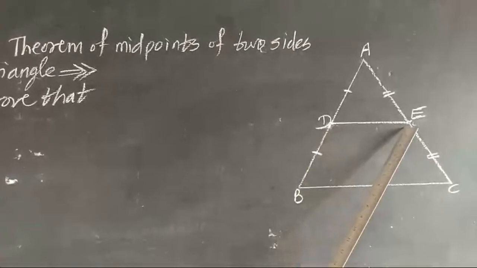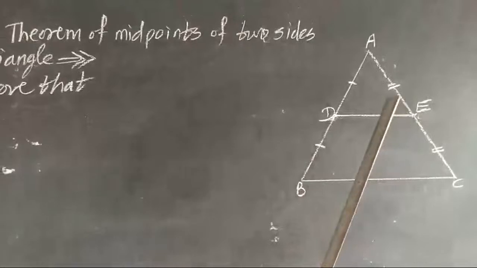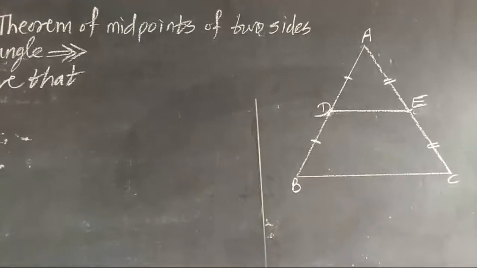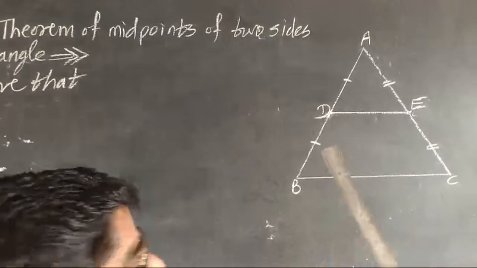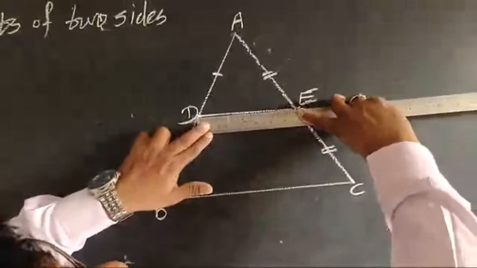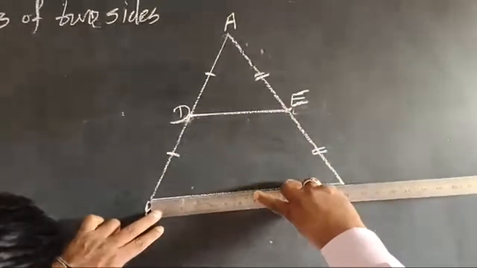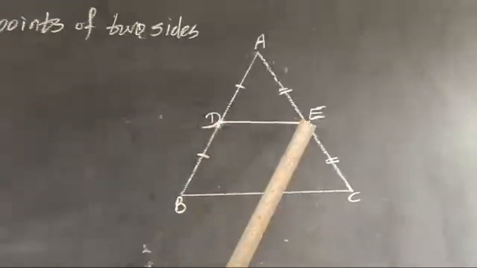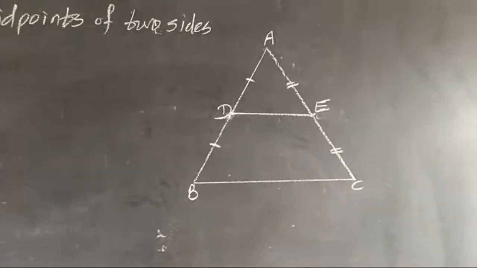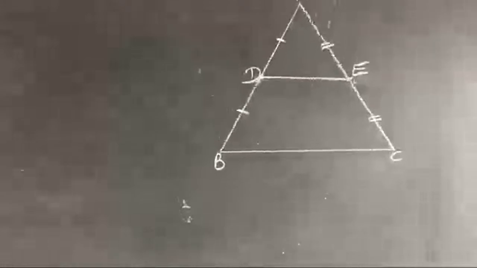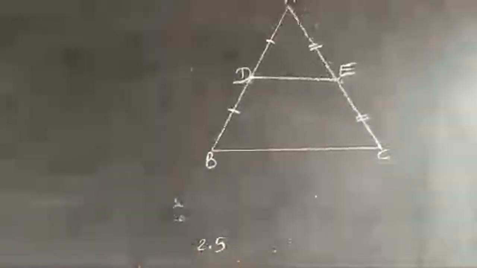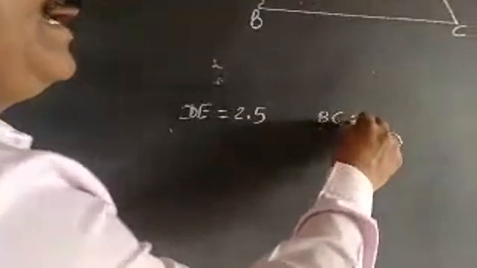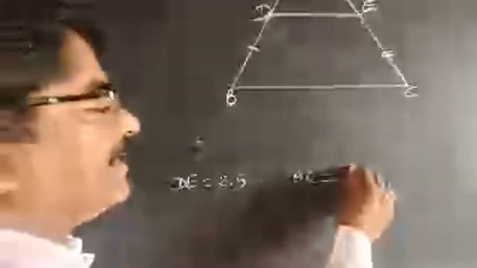Measure the length of DE. All students, measure the length of DE. How much length do you get? 2.5. Then measure the length BC. DE is 2.5 and BC is 5 centimeters.